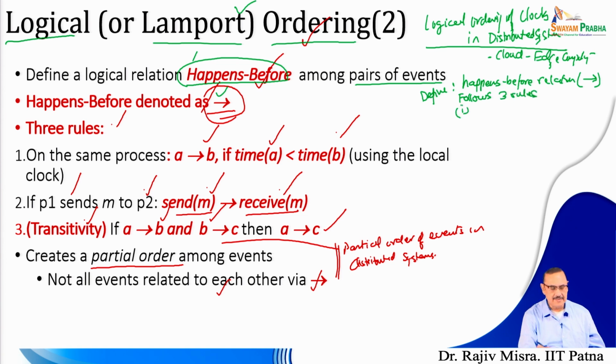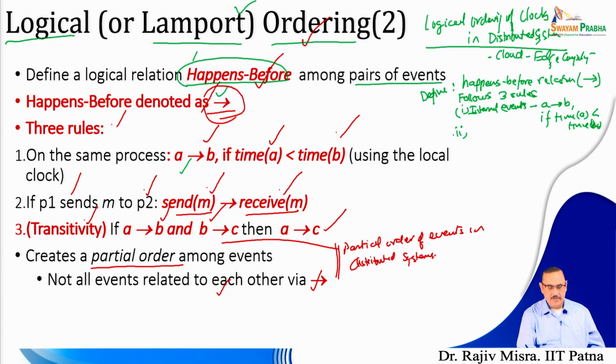The first rule says that on the same process, that is for the internal events, when you say internal events, it means within a process all the events which are happening. So, within that process, if there are two events which are related causally with the happened before relation, A happened before B, this implies that the time of event A is less than the time of event B.